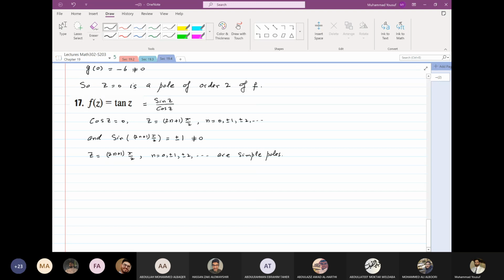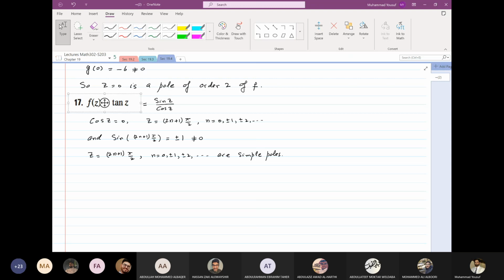And if we have cotan of z, then what will be the simple poles? n pi, because it will be cosine over sine. So sometimes we have things like this. And what is after this?